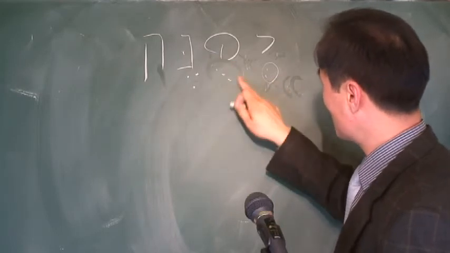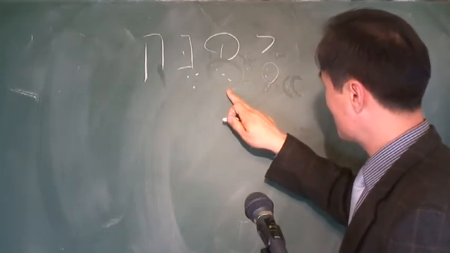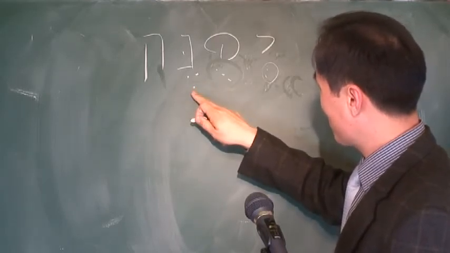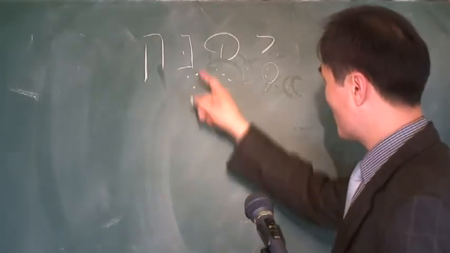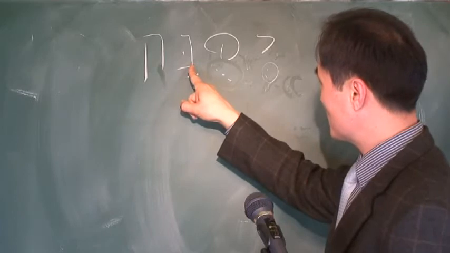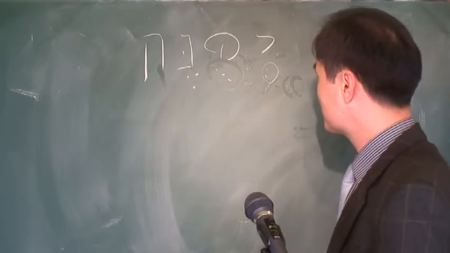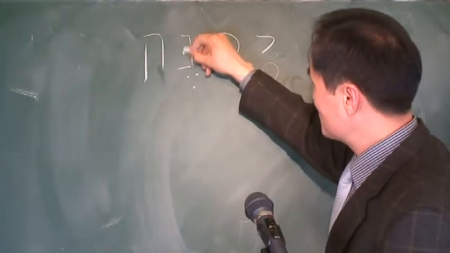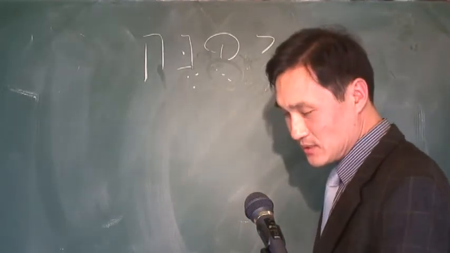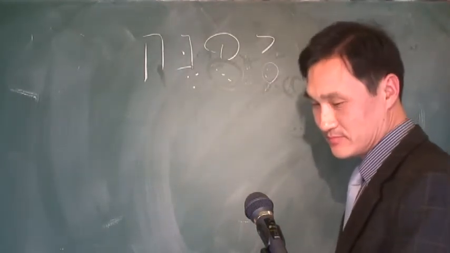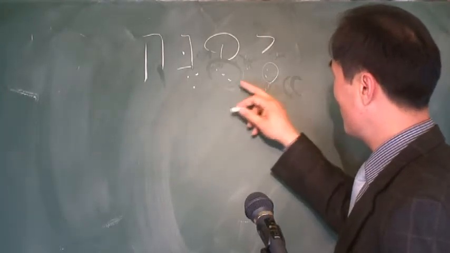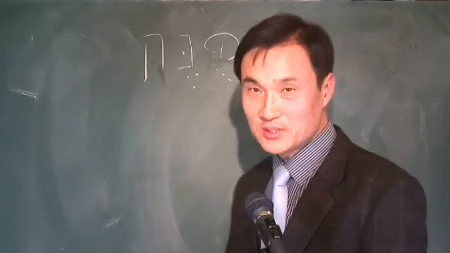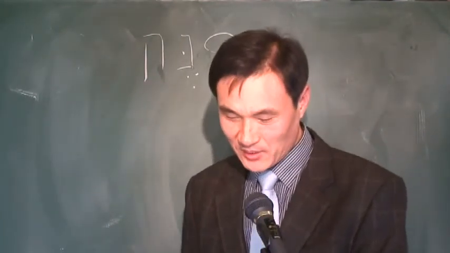Shewa is a vocal shewa, so it would be ze. Kibbutz is used, which would be fu. Shegol is used, which would be ne. Noon is used twice. There is a dagesh forte, which shows that it is repeated. It is read ze, fa, ne.